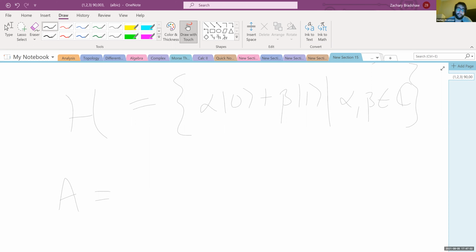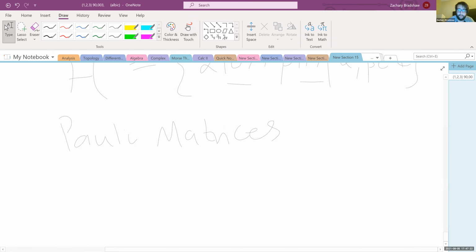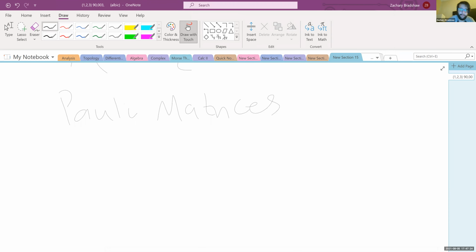We can do that, or we can figure out how the matrix acts on the basis elements 0 and 1 here, and then deduce how it acts on any vector after that. So let me show what I mean. Let me introduce the Pauli matrices.